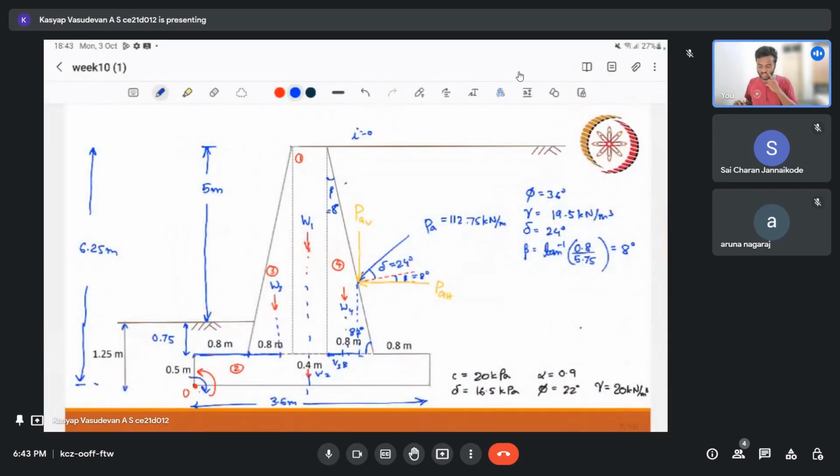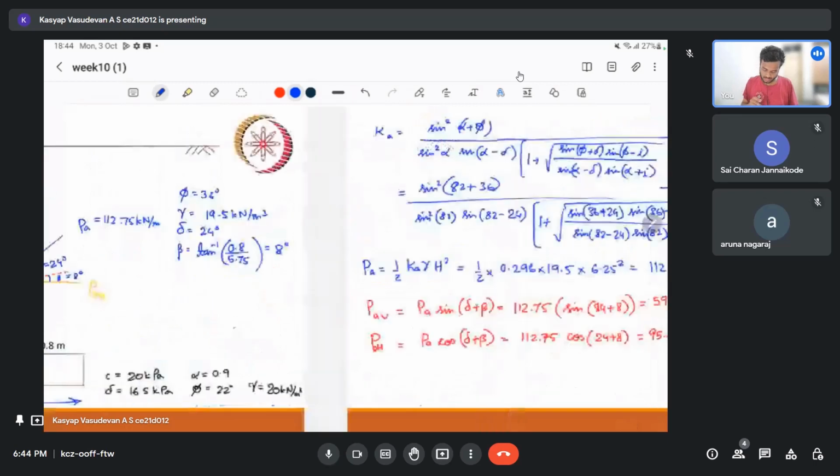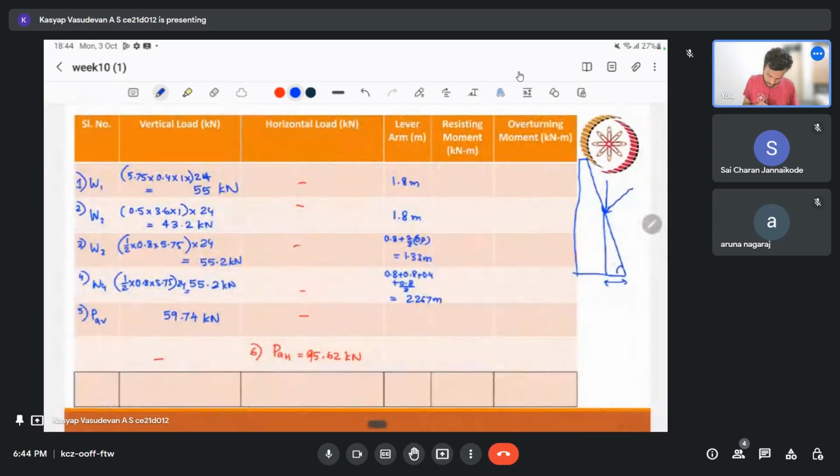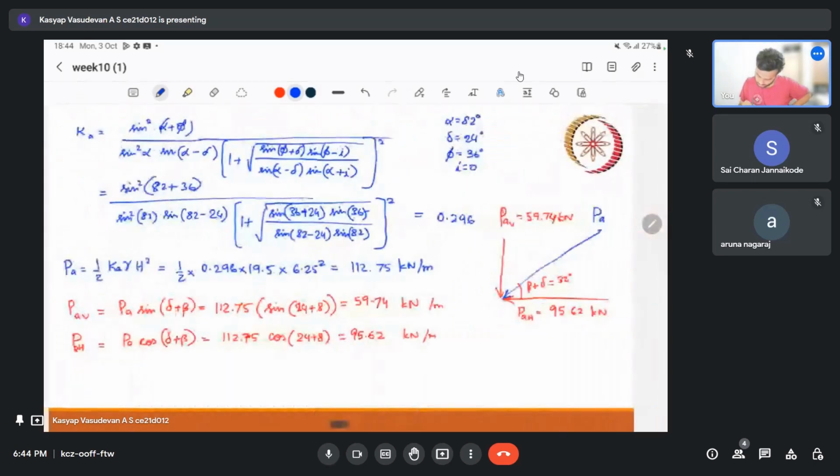Okay, I'll try to locate this first. So this height is actually, okay, so we have 82 degrees. We know this angle is 82 degrees, and we also know that we can find this distance. What is that distance? That distance is this one.